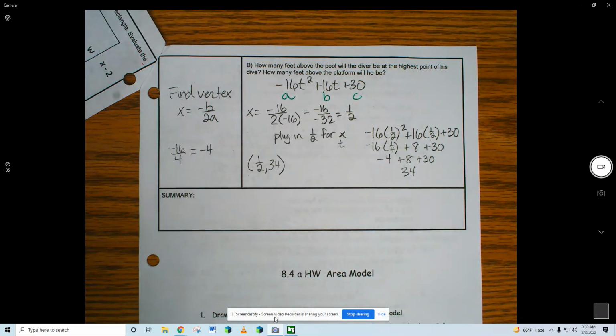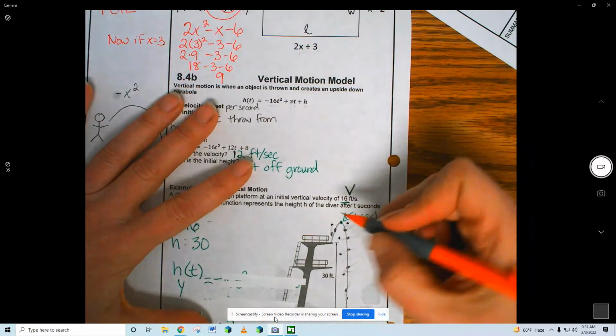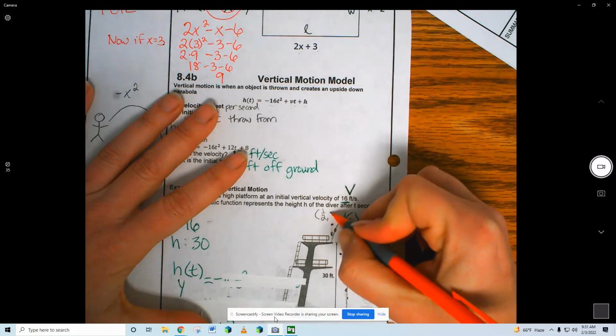So the swimmer didn't get very far off the platform, because if you think about a diving board, you're diving and immediately you go up and you start making your curve with your body. So the vertex is really close: 1/2 comma 34.